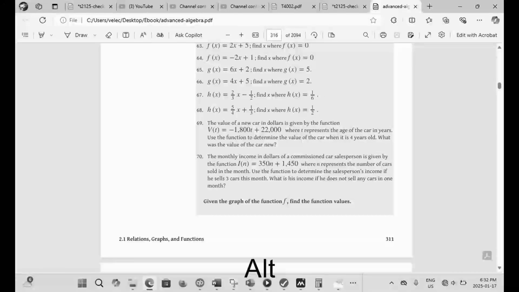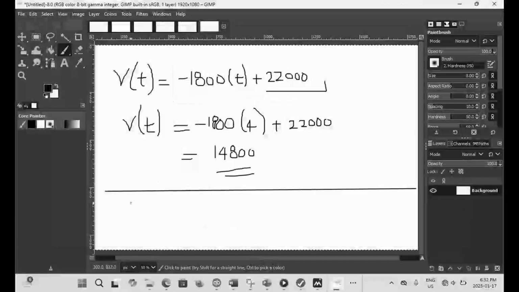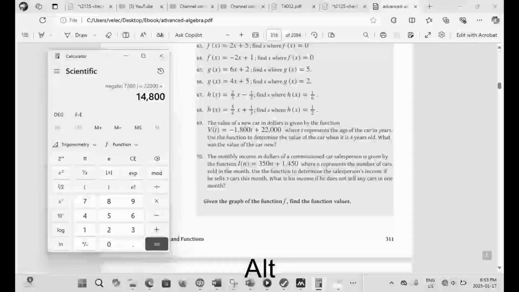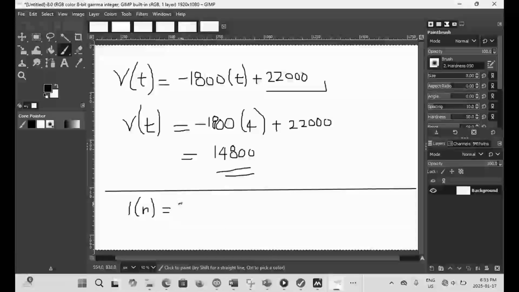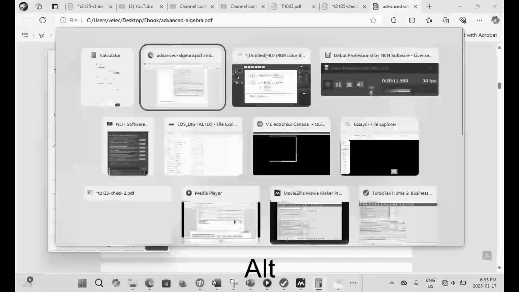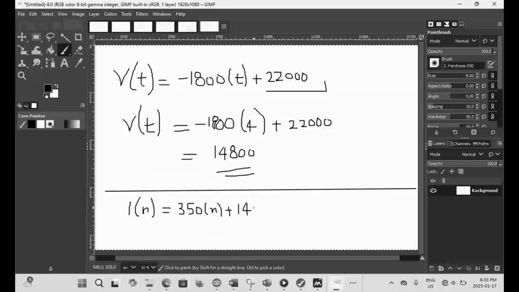So I at n equals 350 into n plus $1,450.